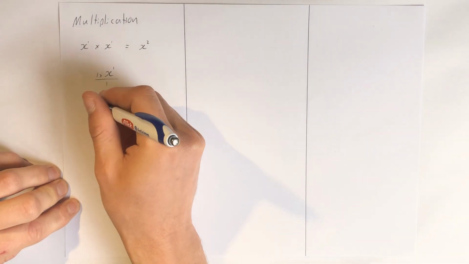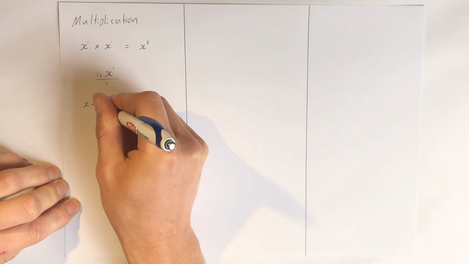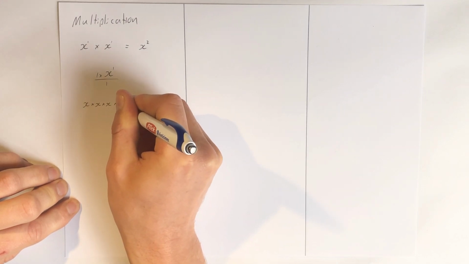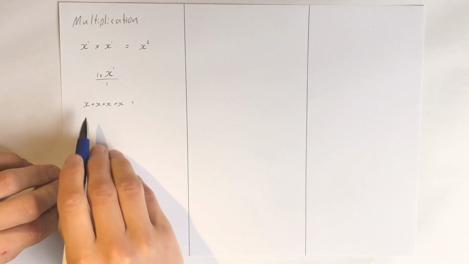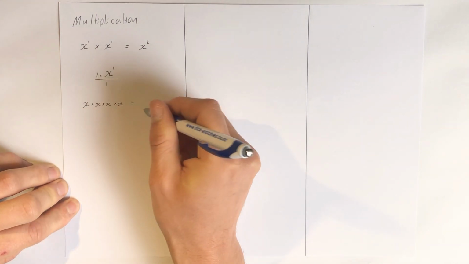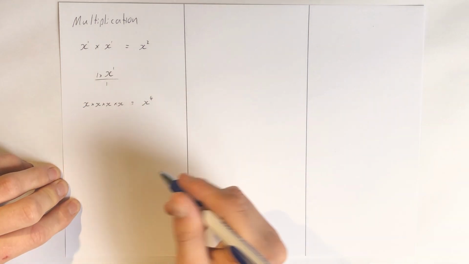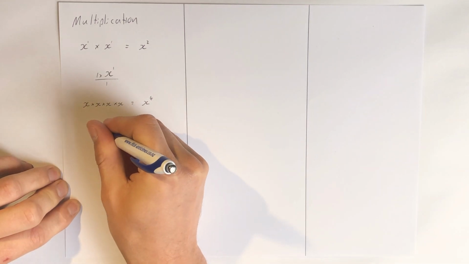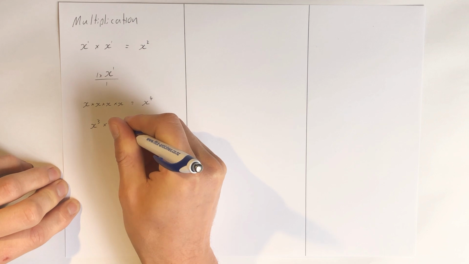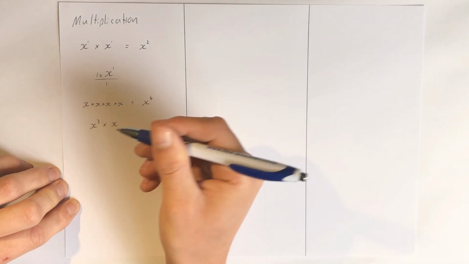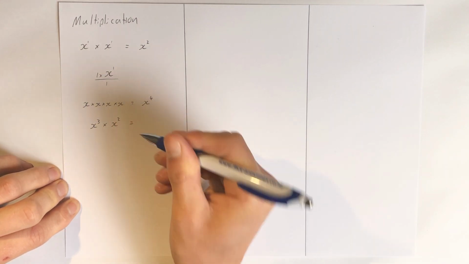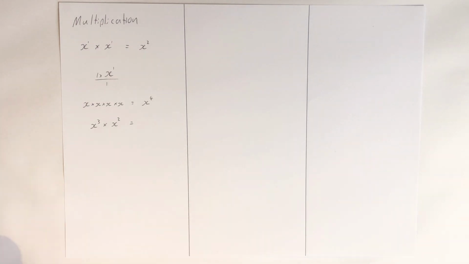So a further example of this would be if I had x times x times x times x, well, that's x to the power of 4, isn't it? And to further this on, well, I would say that if I had x cubed times x squared, well, you could pause this video and just have a think about what that might look like.